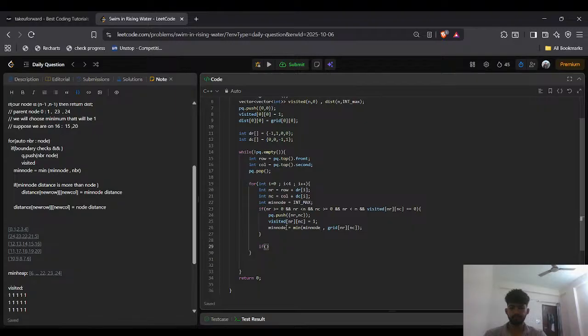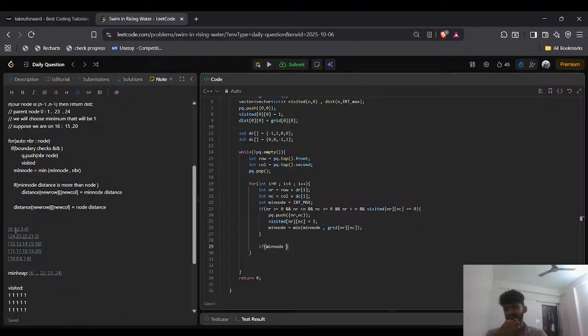If min node's value... suppose we are on, you can't see in my pen.